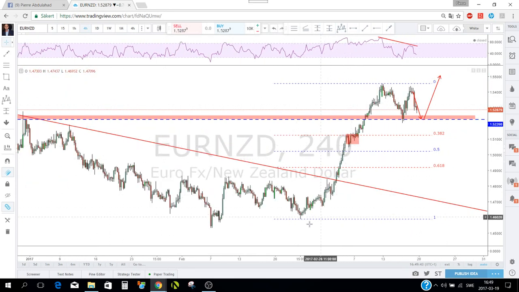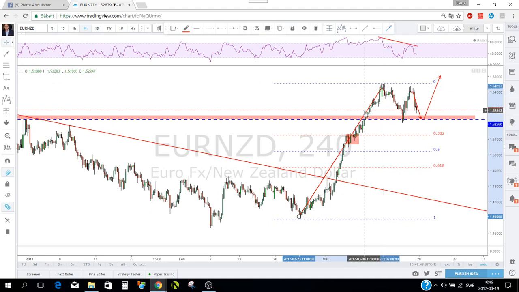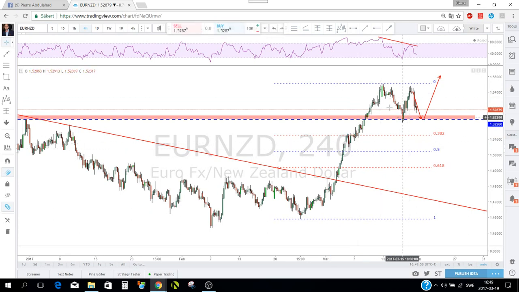I personally don't like moves like this one, a very strong move with little bit of corrections. But actually when price goes in a strong momentum, it usually doesn't make a deeper correction.